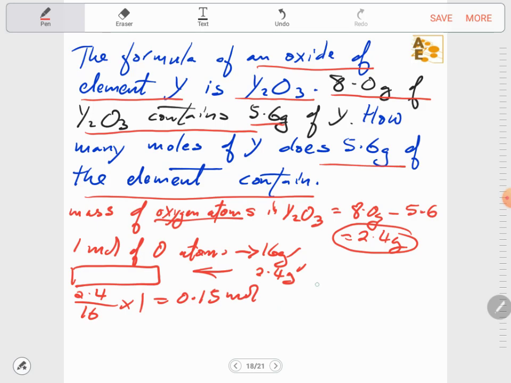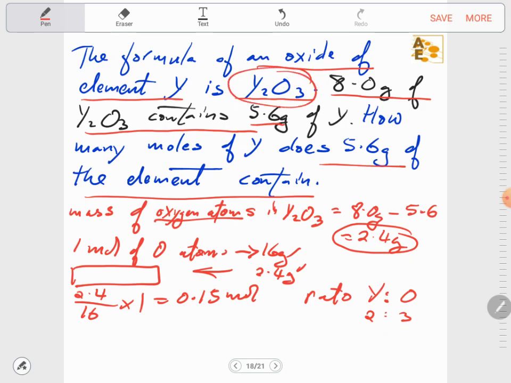After that we just use the ratio of your element Y to your element O, your oxygen, which is 2:3, based on the formula Y2O3.